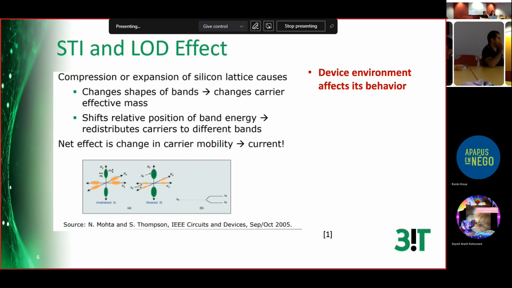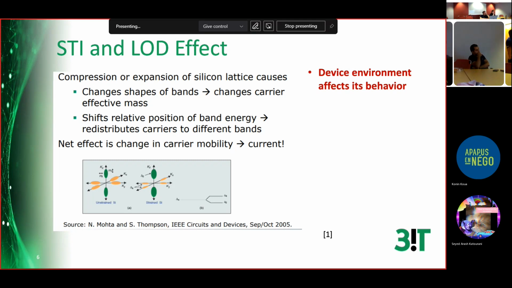So this effect is the same as the well we just talked about, but when you are not in a well, when you have your NMOS and so on, at the edge you have your STI. Whatever, you don't have doping, you have another structure.